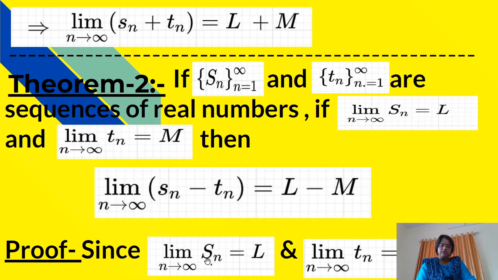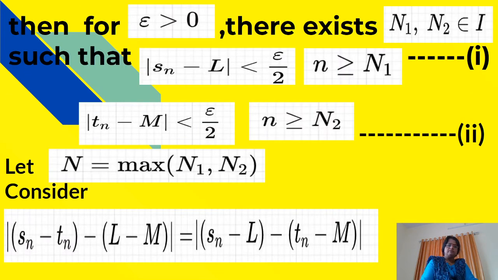Since limit of Sn as n tends to infinity is equal to L and limit of Tn as n tends to infinity is equal to m, then for a given epsilon greater than 0, there exist n1 and n2 belonging to I such that modulus of Sn minus L is less than epsilon by 2 for n greater than or equal to n1.